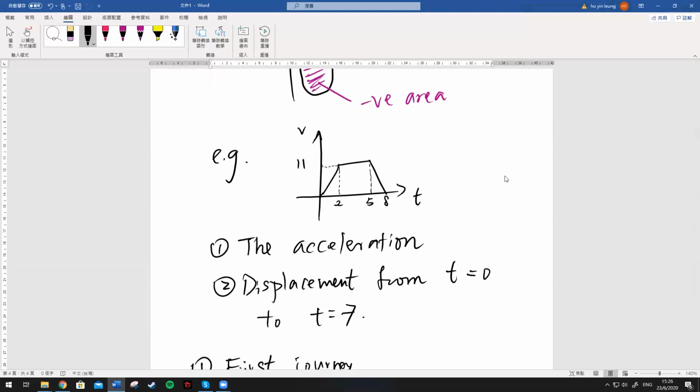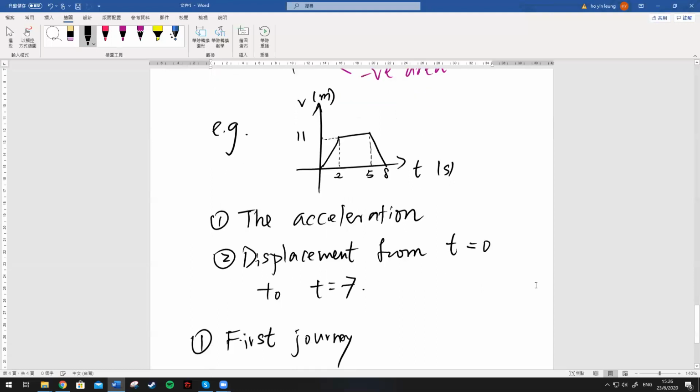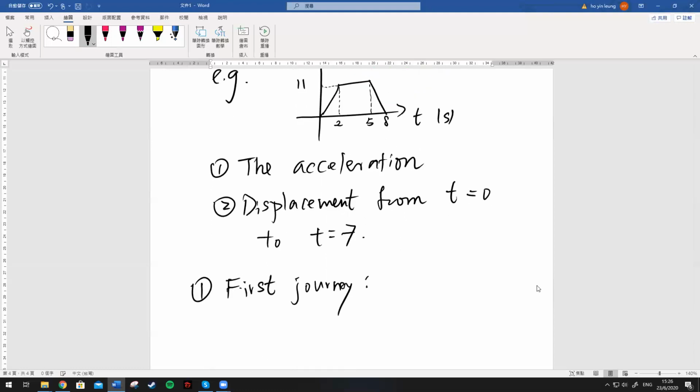Maybe let's specify the units: this is second, this is meter, so we don't have ambiguity. For the first journey, the gradient should be 11/2, so the acceleration is 5.5 meter per second square.